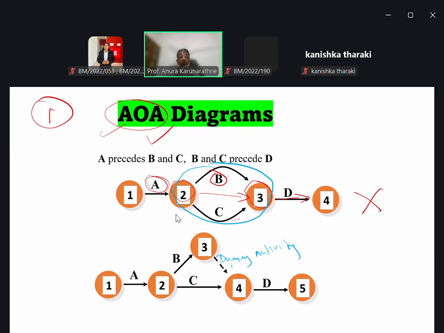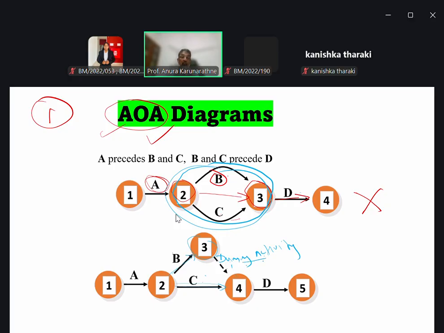After completing both B and C, we can go for D. Then how do we show this? We have to complete both B and C before D. That is the criterion. Therefore, we can draw A, B and C separately, and link them by using dummy activities.